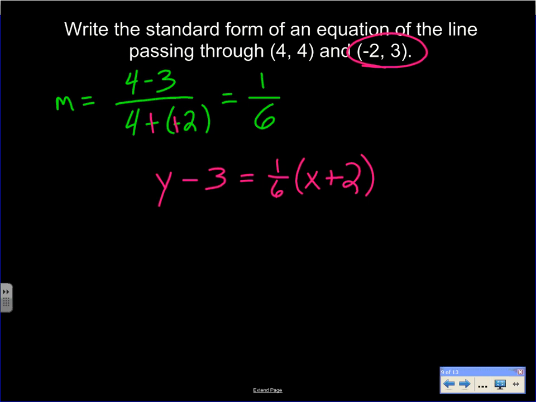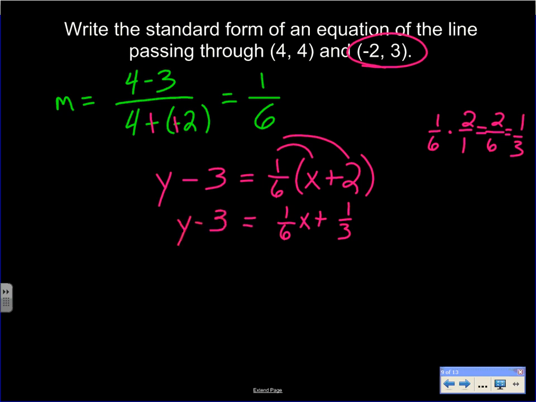Let's go ahead and simplify this. 1/6 times x becomes 1 over 6x plus, and if we think about it, 1/6 times 2 over 1 becomes 2 over 6, which is equal to 1/3. And on the left side, this is what we have.